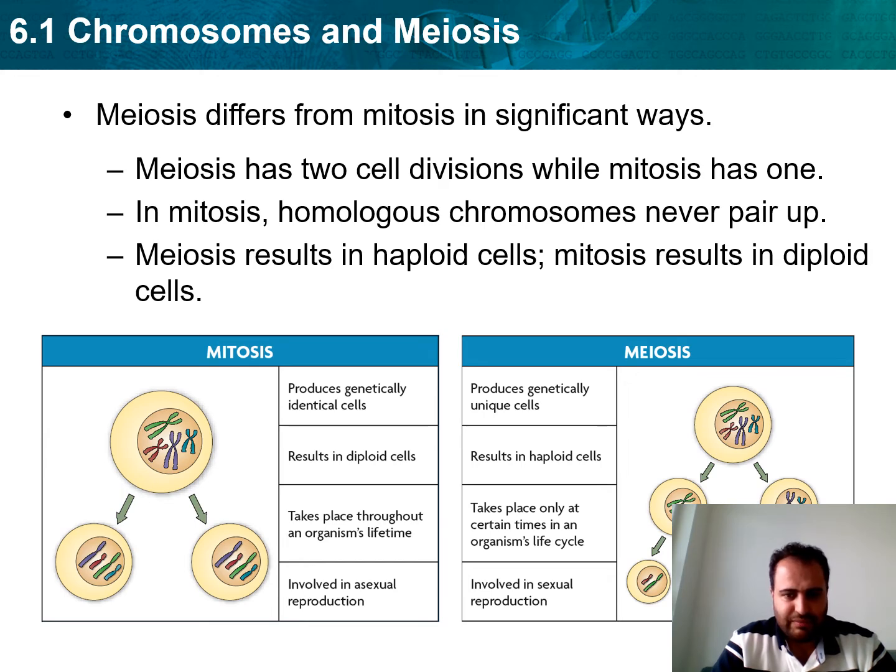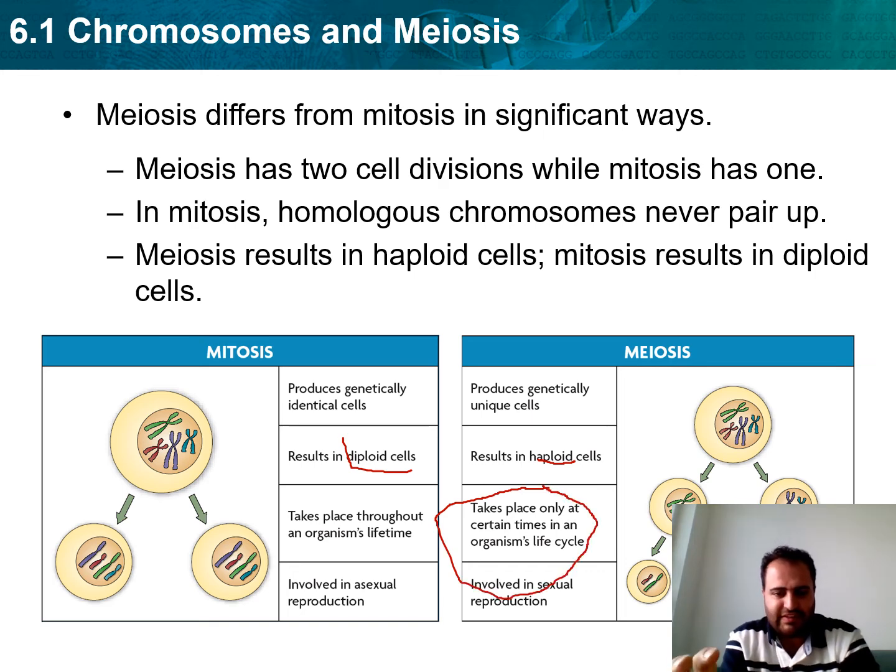So comparing mitosis to meiosis, mitosis produces cells that are identical, whereas meiosis produces different cells. Mitosis results in diploid cells, whereas meiosis results in haploid cells. It takes place only at certain times in an organism's life. Let me explain a bit about this.